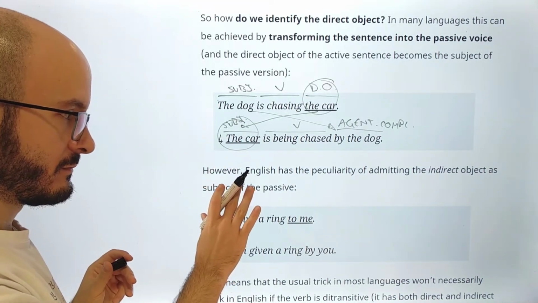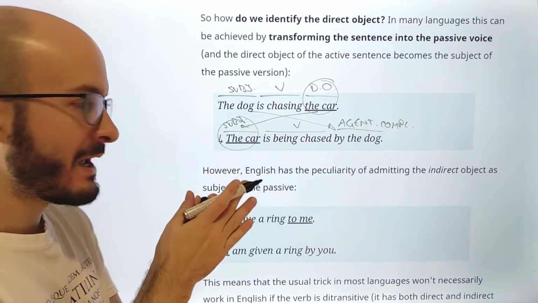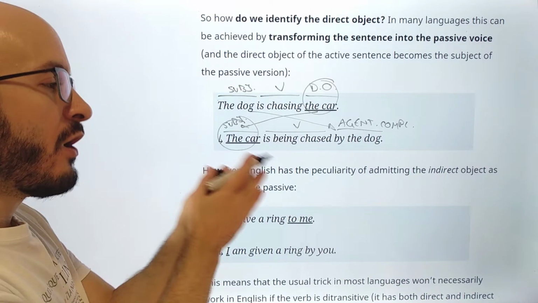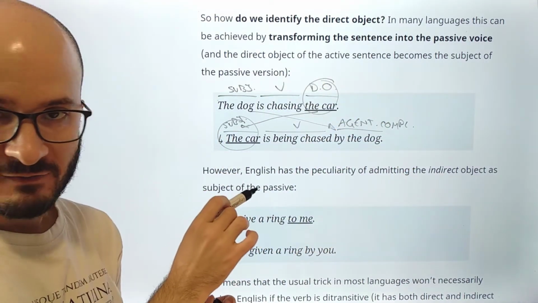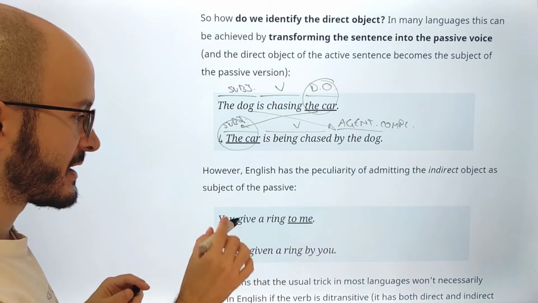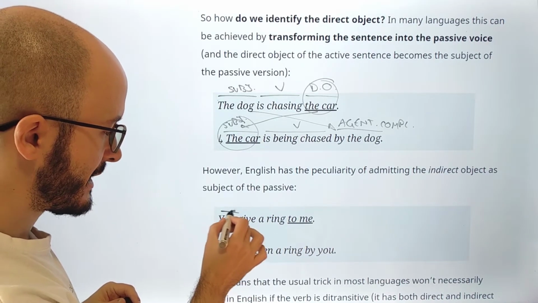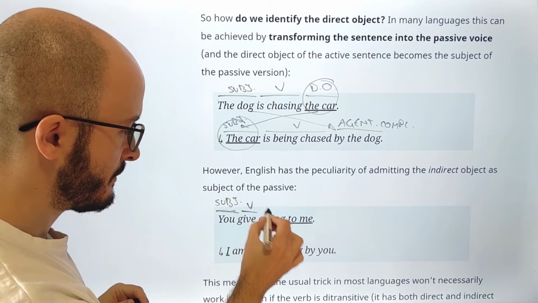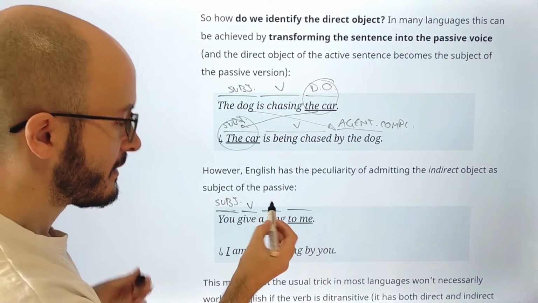However, English has the peculiarity, which is not present in many other languages, of admitting the indirect object as the subject of the passive. So, for example, you give a ring to me. So we analyze this, okay? So this would be the subject, this is the verb, this is an object, and this is another object, okay?